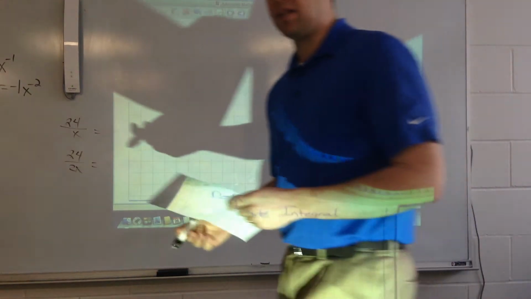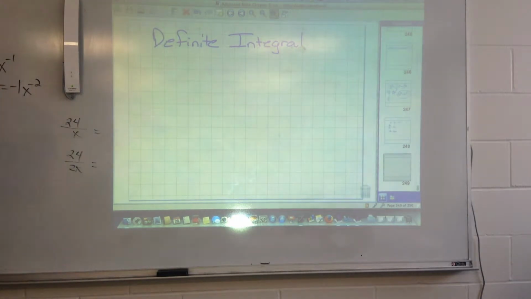Now, a definite integral is actually going to be a value, or a limit in a sense.